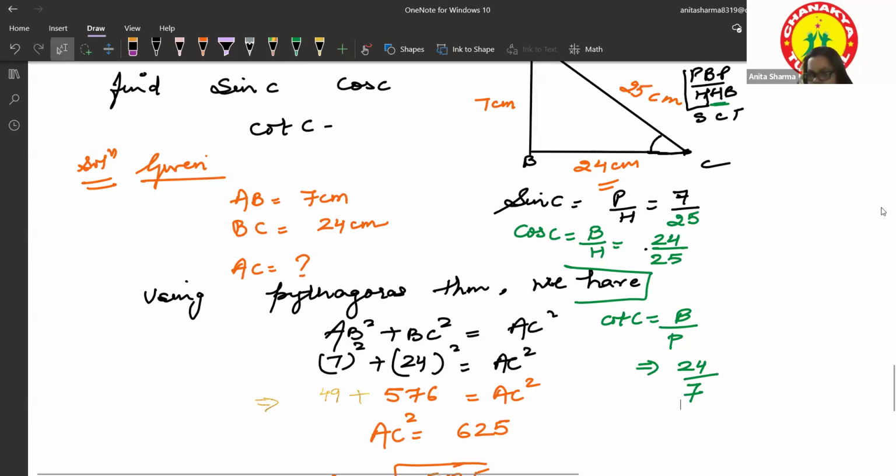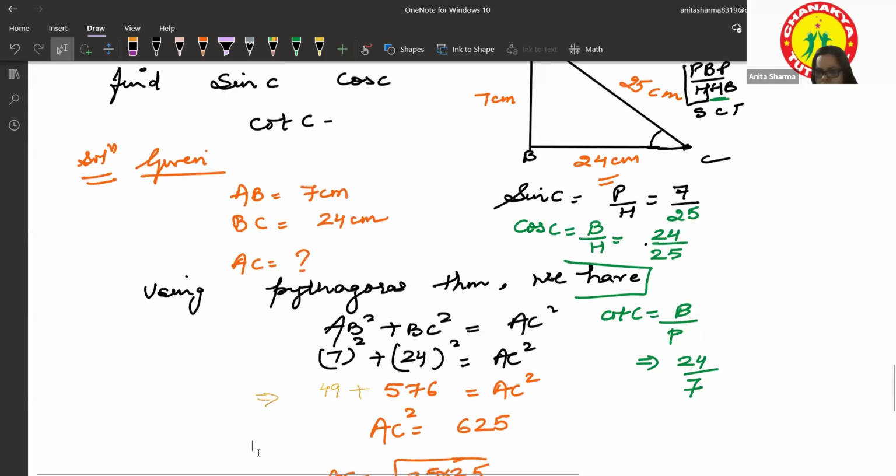Akshay, Harshit, Tumesh, Sampath, Pranav, Nitesh, Sanjeev, Vinay, Varun, all have understood? Niharika? Okay, beta.